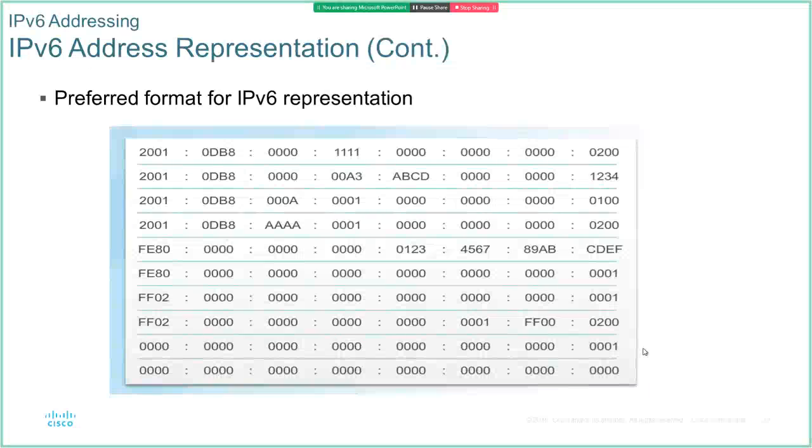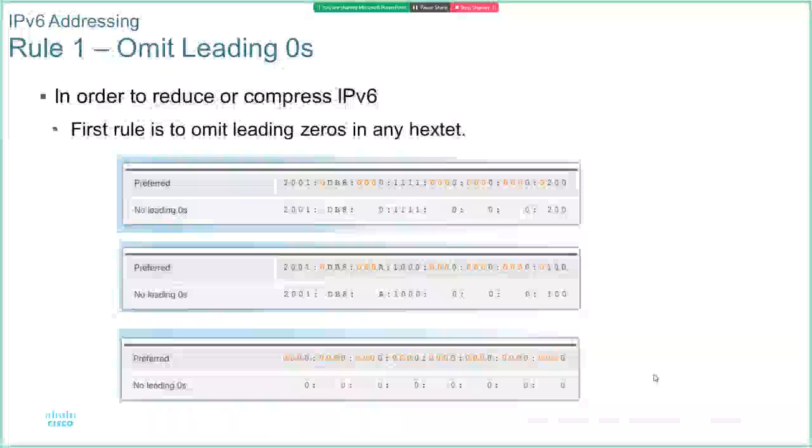So basically, the preferred method of addressing is to write all the hexadecimal digits in groups of 4, separated by a colon. Now, having to write this out all the time is going to be problematic for us humans. So we've created some rules, because we know the number of hextets is going to be consistent.